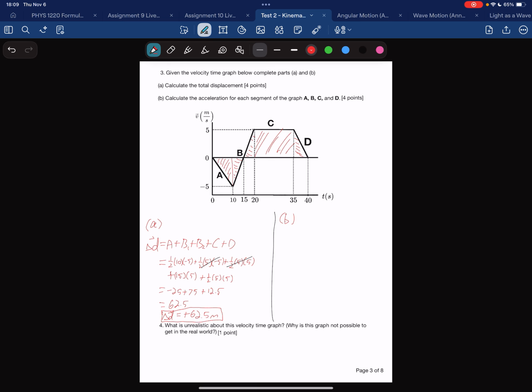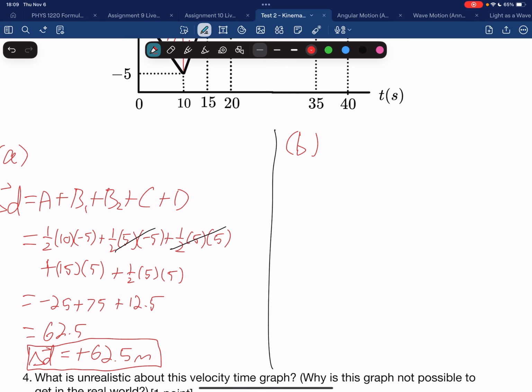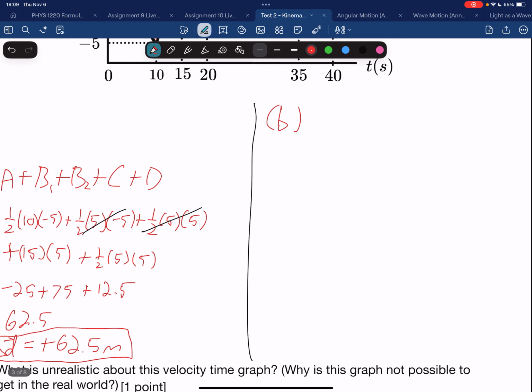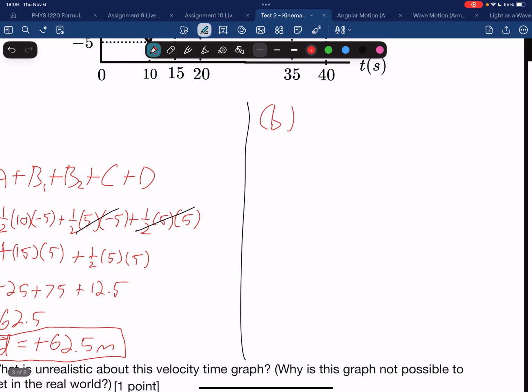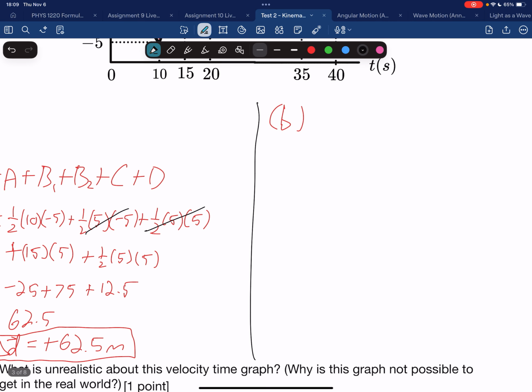3B was calculate the acceleration for each segment of the graph A, B, C, and D. So we need the acceleration for each part. I'm going to break it up like this.